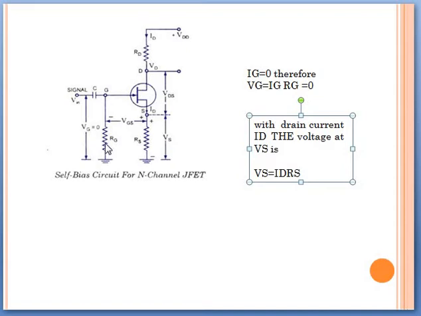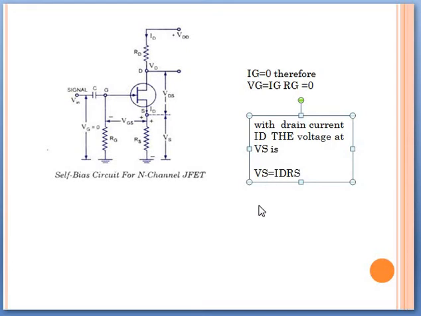Now we have to calculate ID, or drain current. With the drain current, the voltage across the source resistance RS is VS, where VS is IDRS.